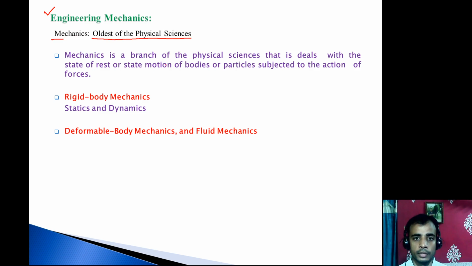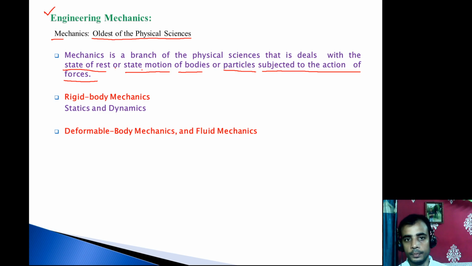That means it is the branch of physical science that deals with the state of rest or state of motion of bodies or particles subjected to different types of forces or loading. Clear?